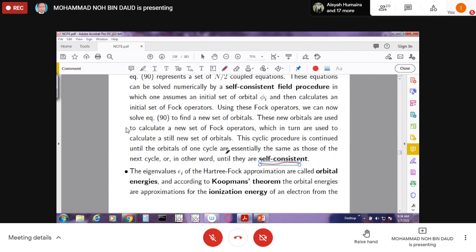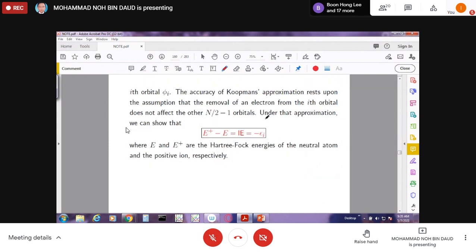Okay, and from here Koopmans proposed this idea, named after him, Koopmans' theorem. The ionization energy is actually the negative of the Hartree-Fock orbital energy. So this is the ionization energy. I think you have also seen this before, heard this before.